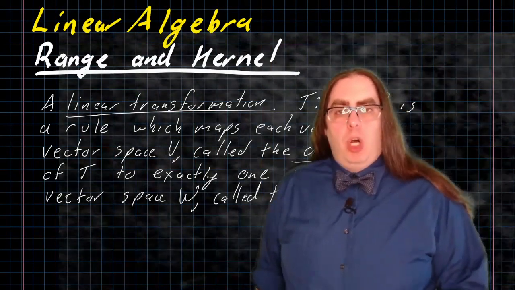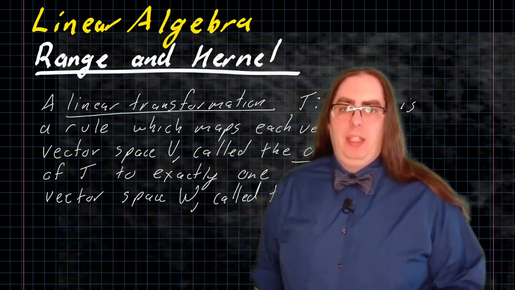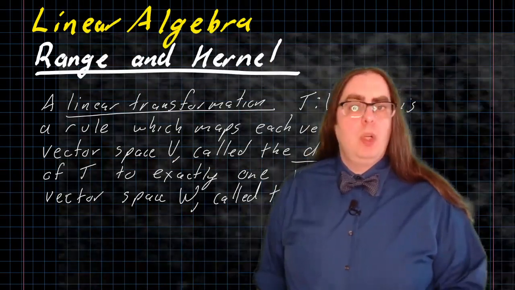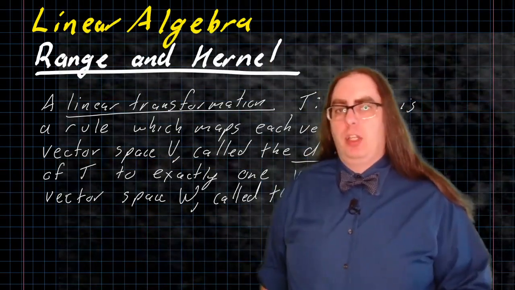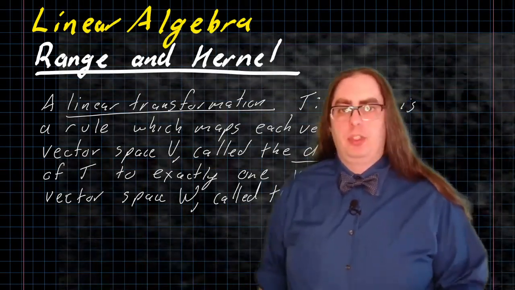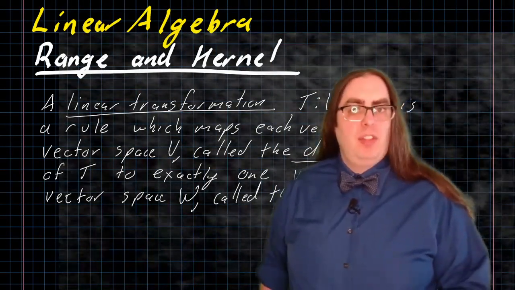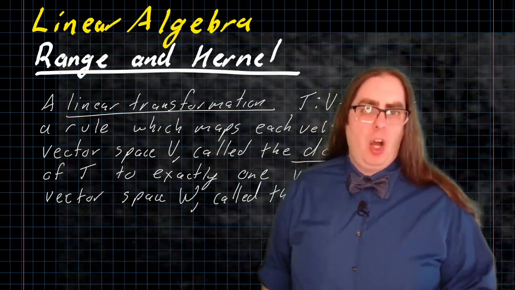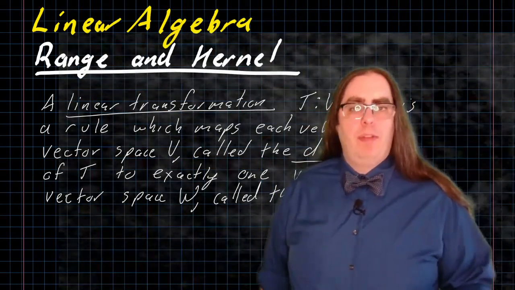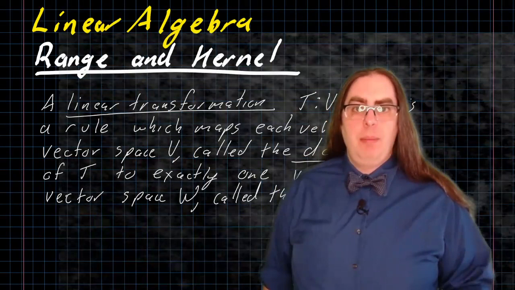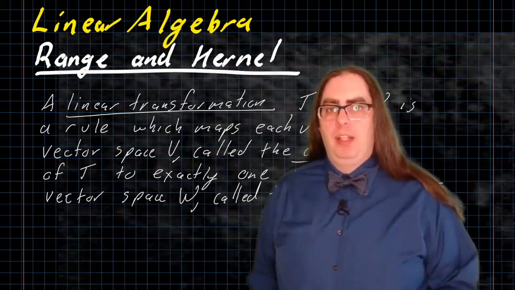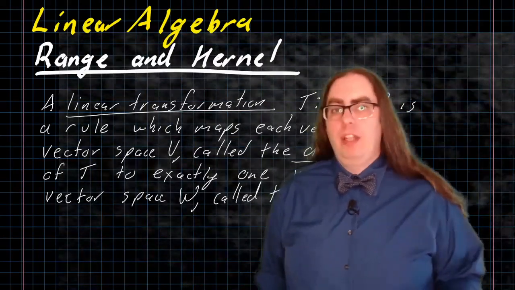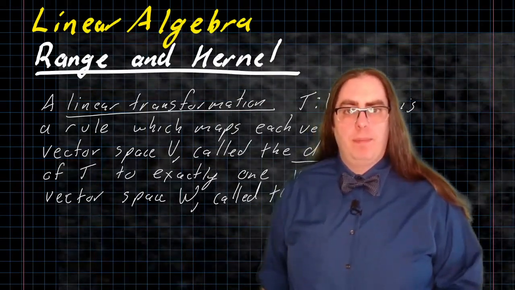We want to call the codomain into question. We don't really care if every vector in the codomain is touched by the linear transformation. That is to say, there can and very likely are one or more vectors in vector space W which do not appear as the result of evaluating this linear transformation, no matter what vector you start with.